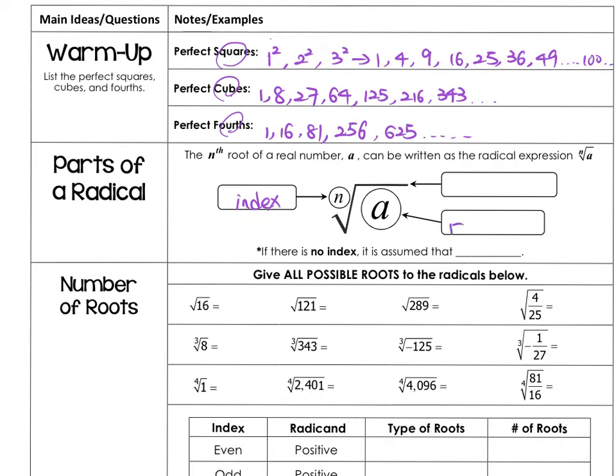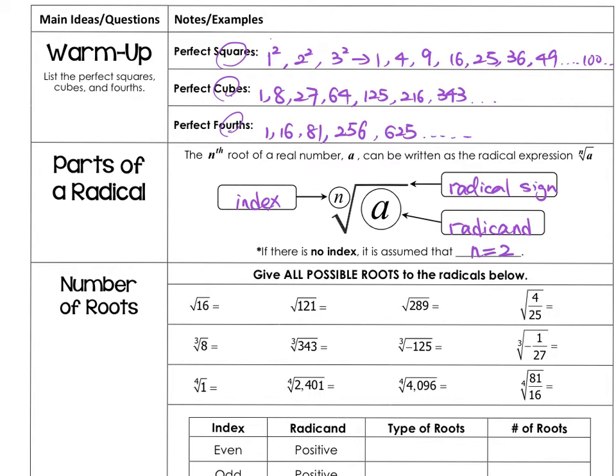So it's radicand. Oops, that's an A and D, radicand. Okay, and then the radical sign is what we all recognize. Notice that if there's no index, if there's no number right outside the radical sign, we assume that there is an invisible 2. So n equals 2 in that case.